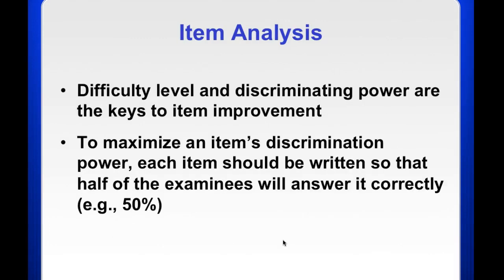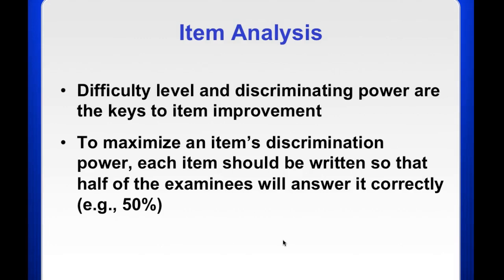Discussing the index of difficulty and index of discrimination, we have to understand that there is a relationship. And if you look on page 177, figure 8.4, we have a figure here that shows us that as the difficulty goes up, so it shows from 0 to 1 or 0 to 100%, the potential discrimination also goes up, but only to 50%.